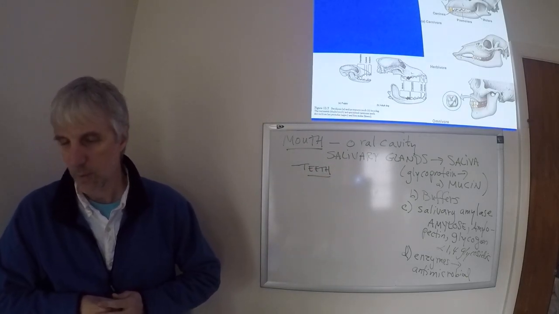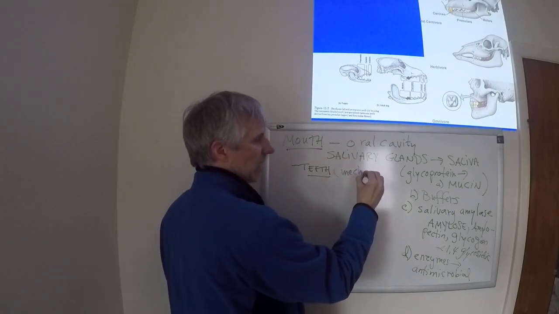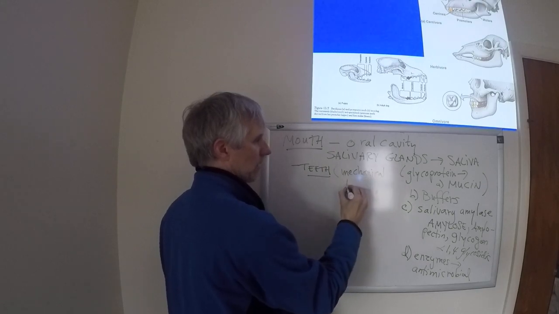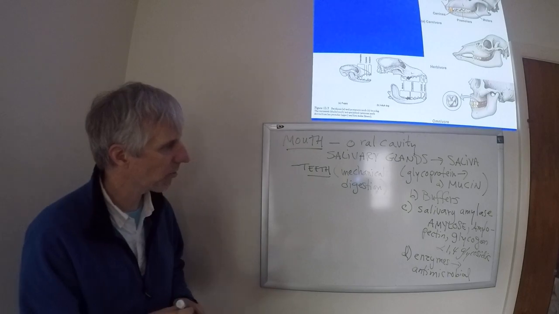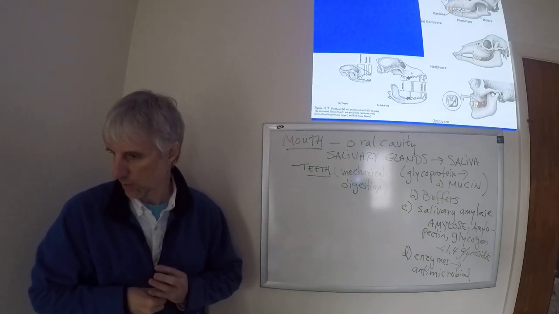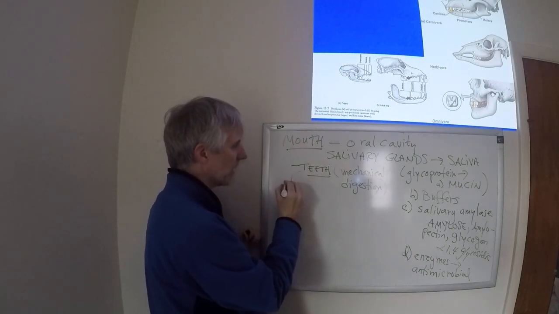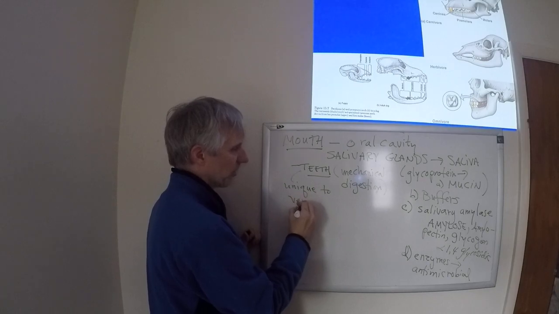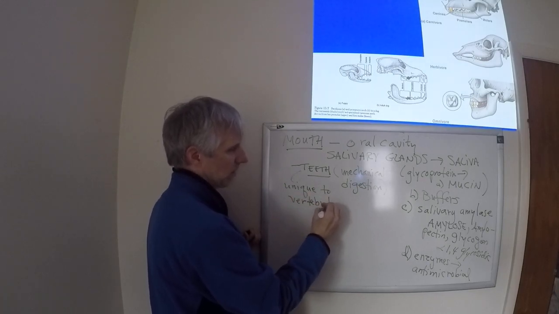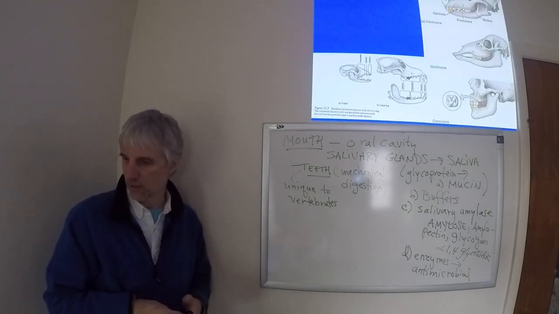Teeth participate mainly in mechanical digestion, trying to tear food up into smaller and smaller pieces. Among the animal kingdom, teeth are unique to the vertebrates. You're not going to find an earthworm with teeth. They're unique to the vertebrates.